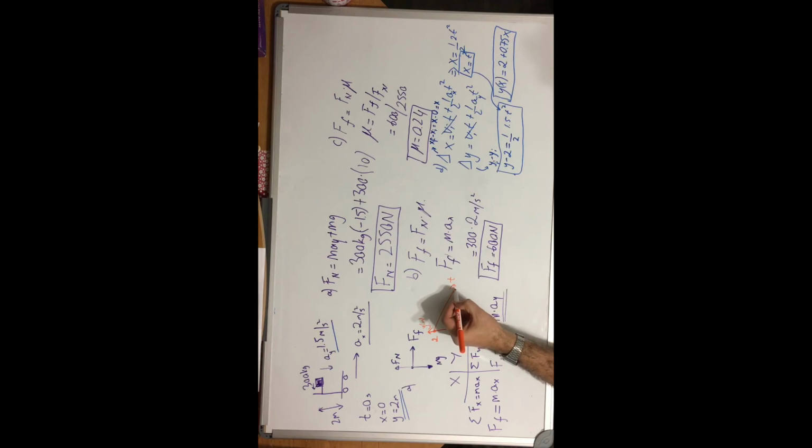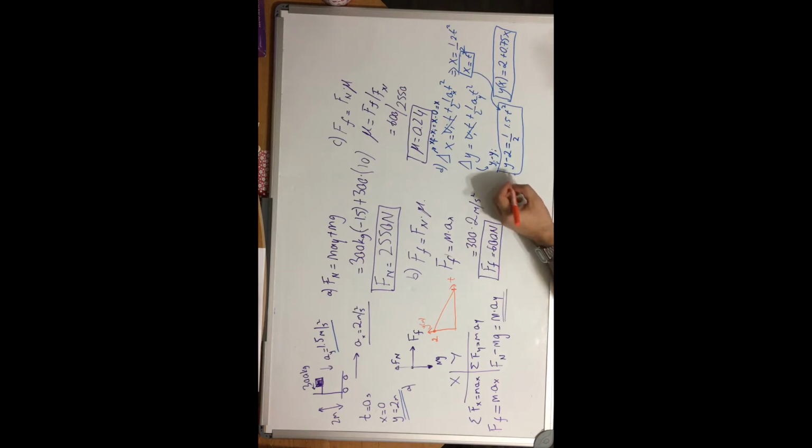And what is the time that I'm going to reach 0 on the y-axis? We can simply use this equation to figure that out. So y minus 2 equals 1/2 times 1.5 t squared. That's my equation. I would like my y to be 0. So how is this possible?